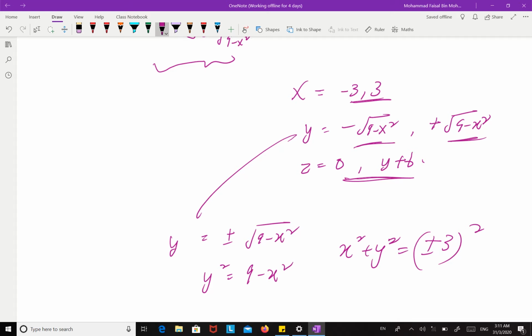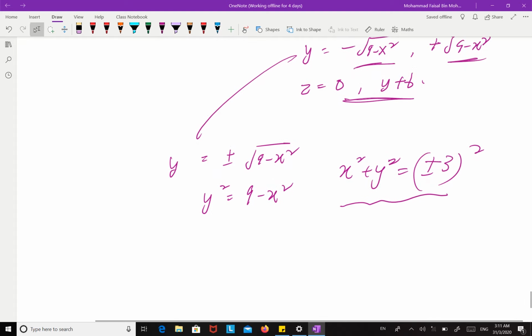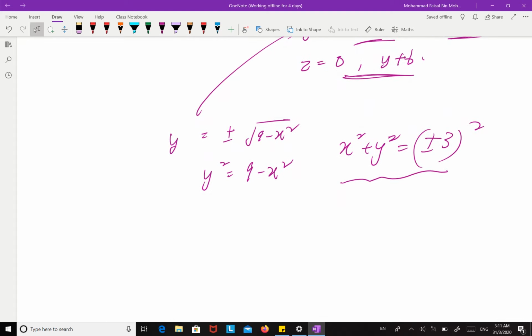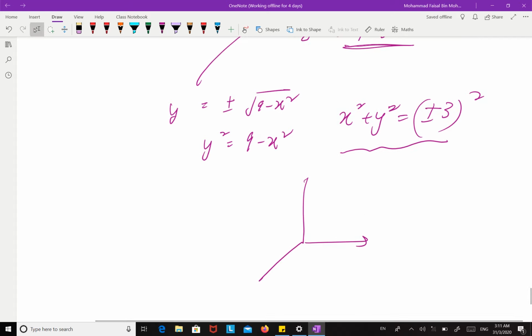Okay, so this shows somehow z is missing, so a cylinder with respect to z axis and project to z. Okay, so if I want to draw this, I draw a circle first. Okay, remember to draw this 3 should be smaller, because then you can get a nicer shape.